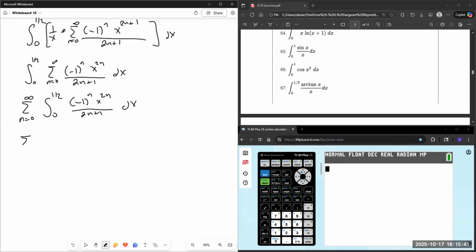And then I can go ahead and pull these things through here that aren't bothering me because they don't have any x's on them. They stay inside the summation symbol, but they have nothing to do with this.